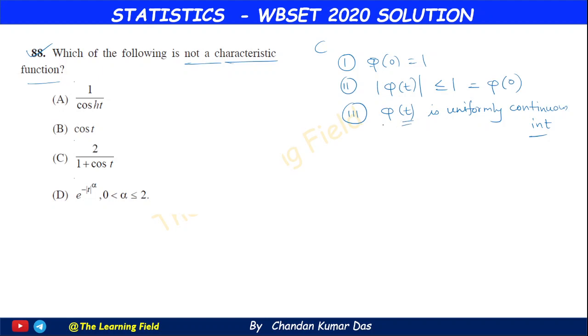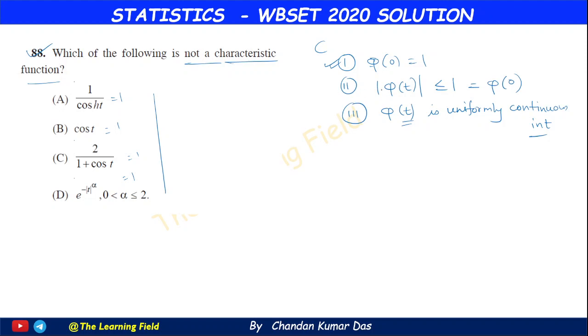Now we check whether these four given functions satisfy these three properties or not. If we put the value 0 at t, all four functions give the value 1. Therefore we can't conclude anything by property 1.